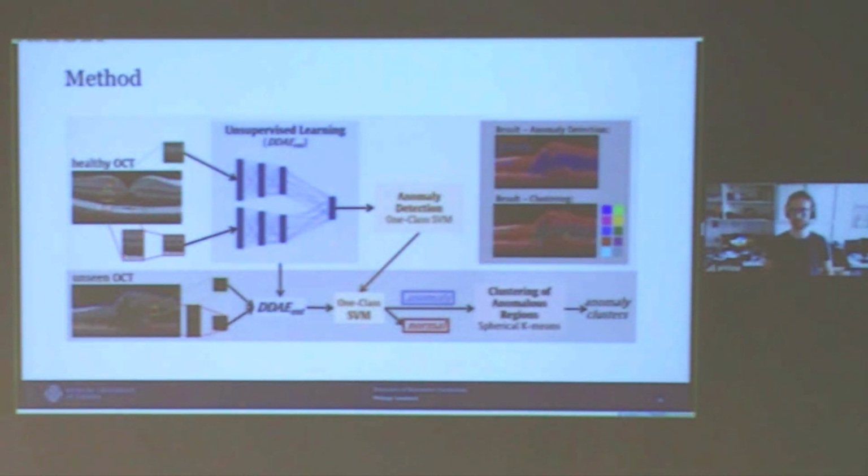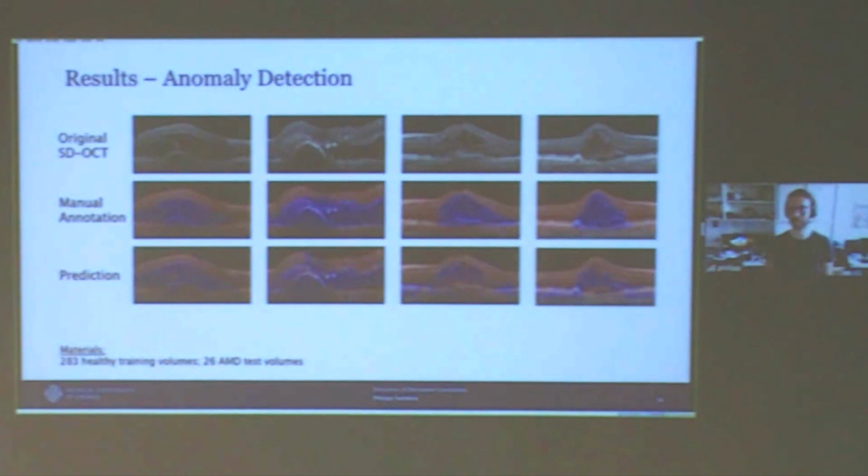This is what you see here in the bottom row. After you have trained your one-class SVM with the hypersphere, you put in the unseen OCT, and at each position we extract a patch. We apply the autoencoder to get the feature representation. Then we apply the one-class SVM to define if this patch is lying inside the hypersphere, which would be identified as normal, or outside, which would be identified as an anomaly. This separates the retina into normal and anomalous regions.